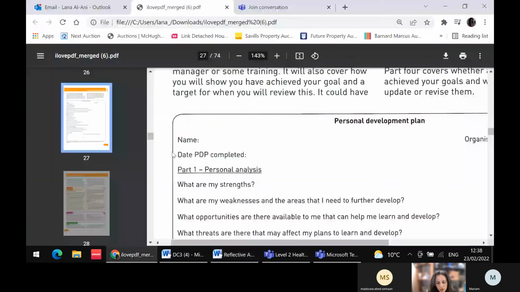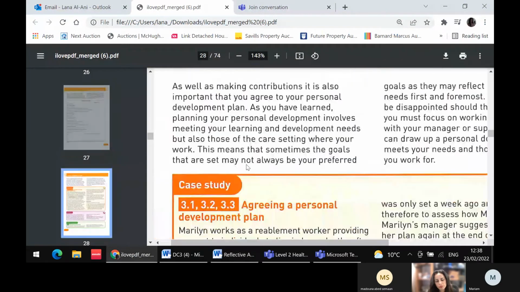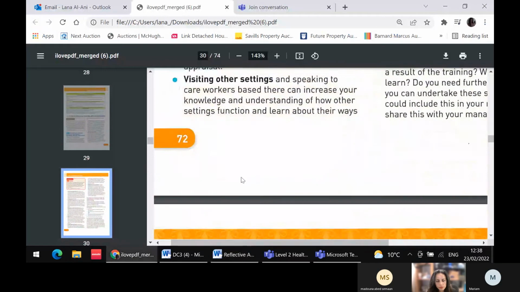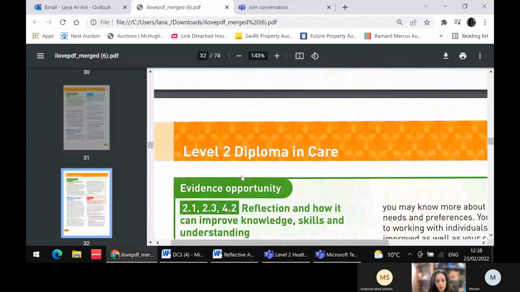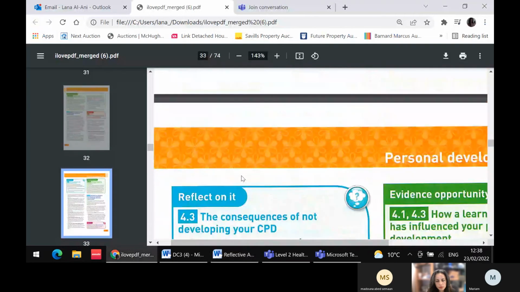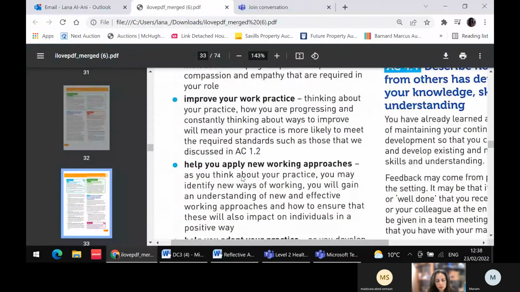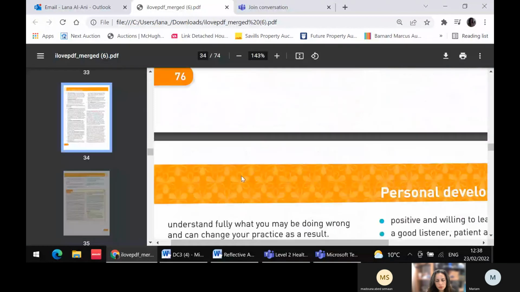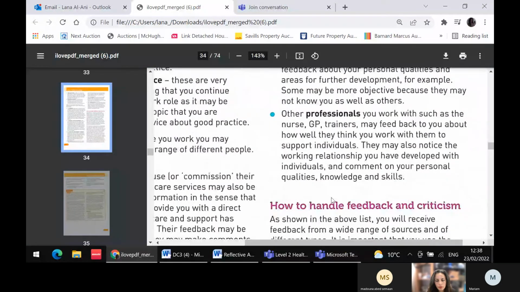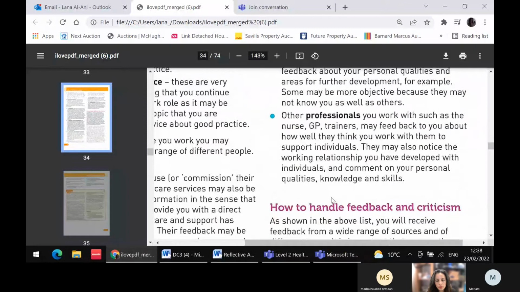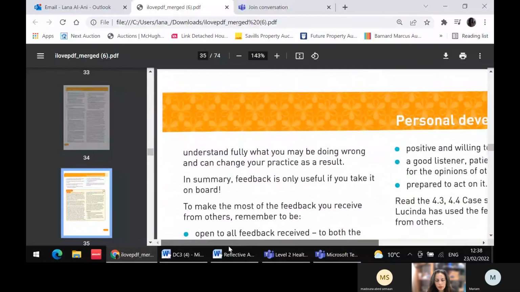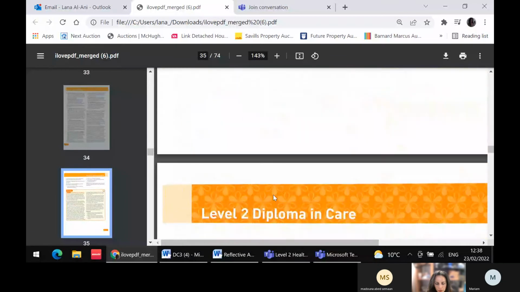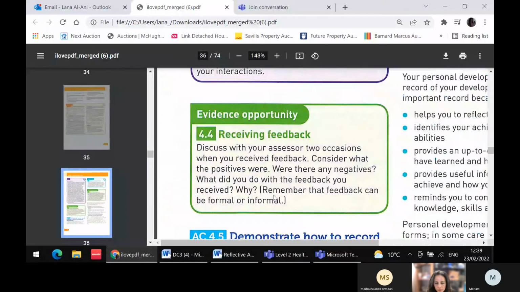So let us go to 4.5. That's 4.4, 4.5 is here.